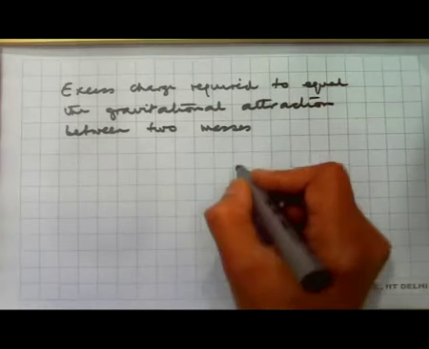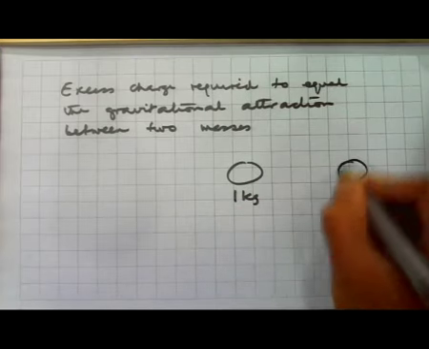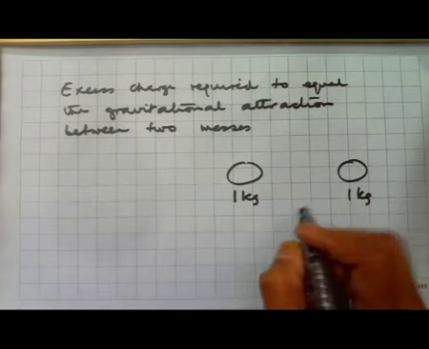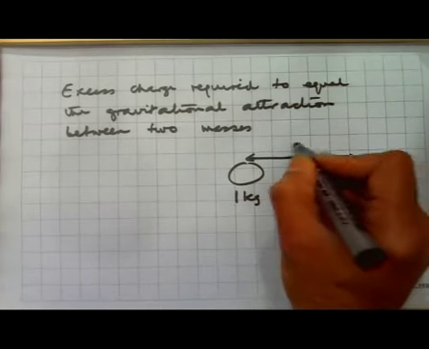So, I am going to take as an example a 1 kilogram mass and another 1 kilogram mass, separated by a distance of 1 meter.